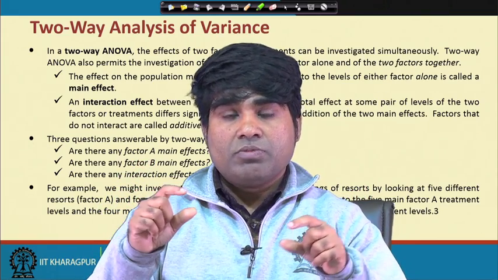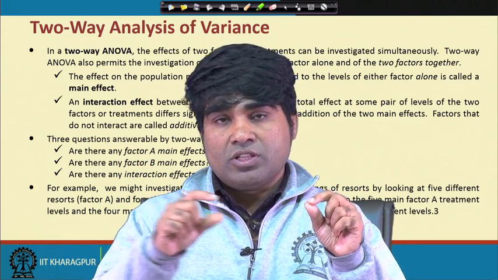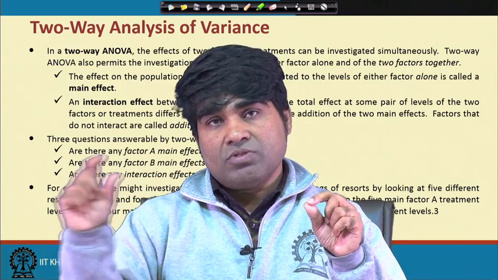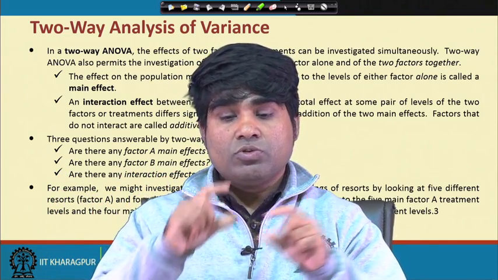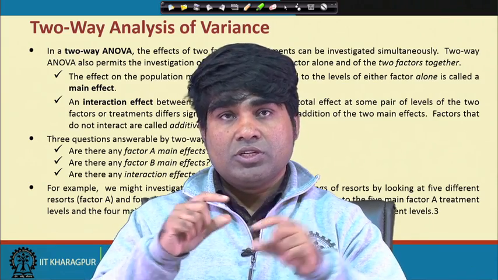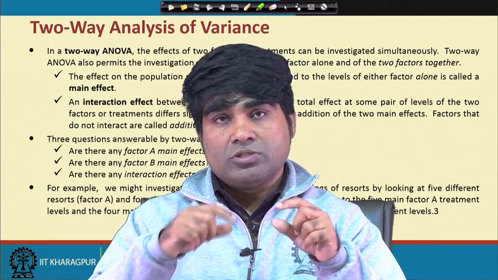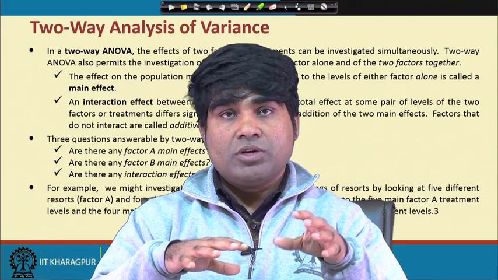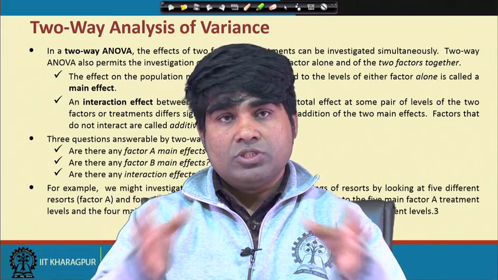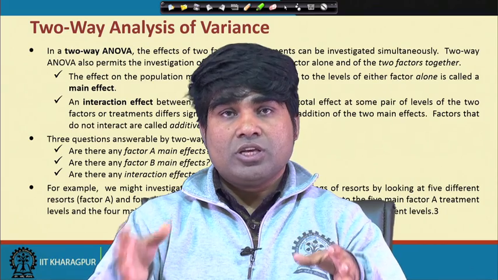In the case of a one factor model, we have one factor, then the different sample variation will be there, and in the two factor model we have two different factors through which the investigations can be jointly investigated.